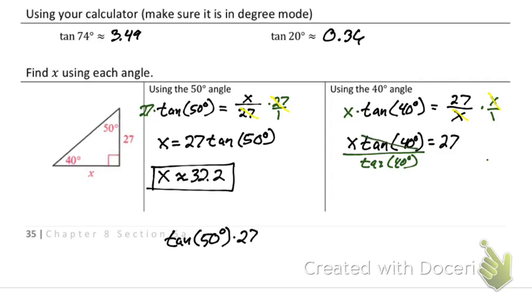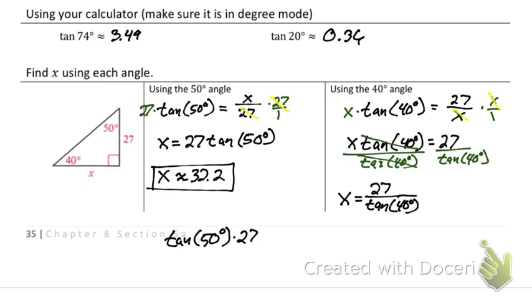Since it's just a number, it's just going to turn to 1. Well, if I divide one thing on one side, I have to do it on the other side. So I'm going to divide the other side by tangent of 40 degrees. And we are going to have x equals 27 over tangent of 40 degrees.